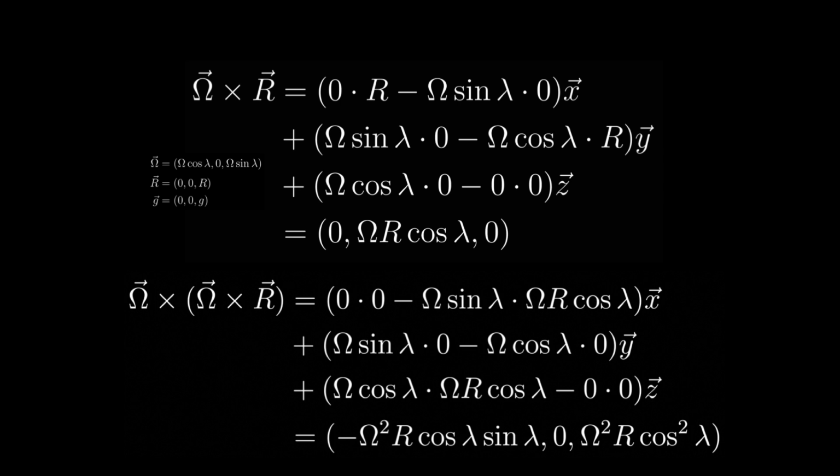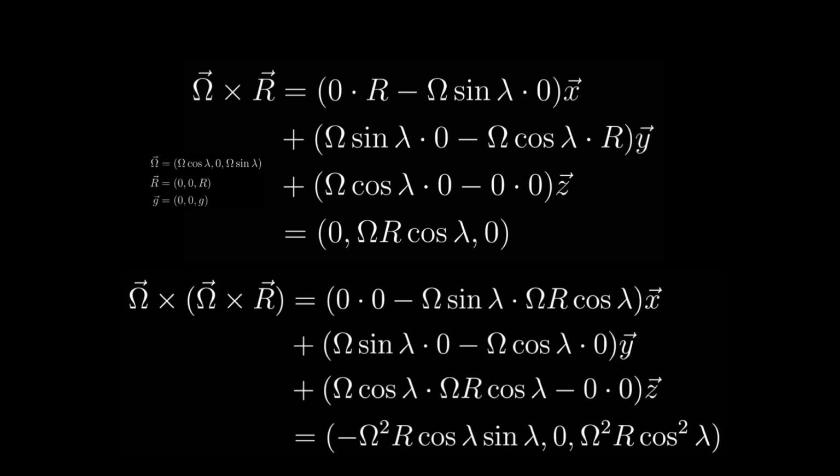That means you can look at it with the right-hand rule, which is a very good way of looking at it. Omega cross r is pointing in a different direction than omega, which is only in the x and y components. So take your right hand and point your fingers in the direction of the rotation axis vector, omega.